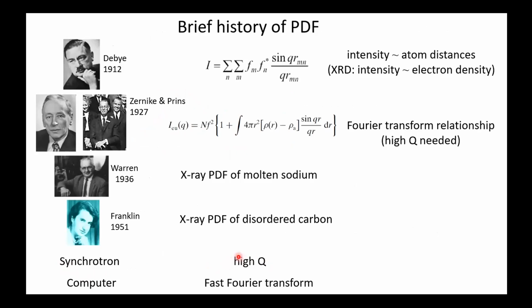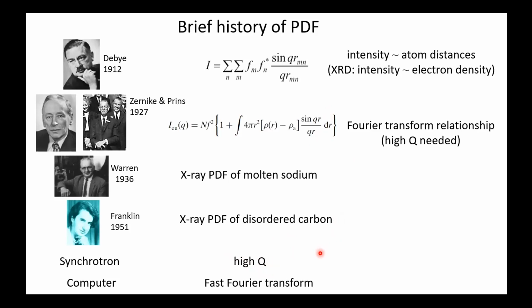And also with the very high flux, we can get a very good signal to noise ratio, even at the high Q region. And this is not something trivial. This is critically needed for obtaining high quality high-Q data for the Fourier transform. Mathematically speaking, the Fourier transform goes from negative infinity to positive infinity, right?